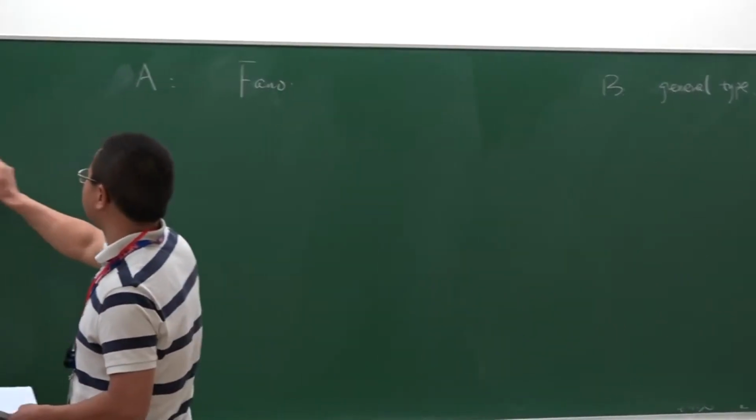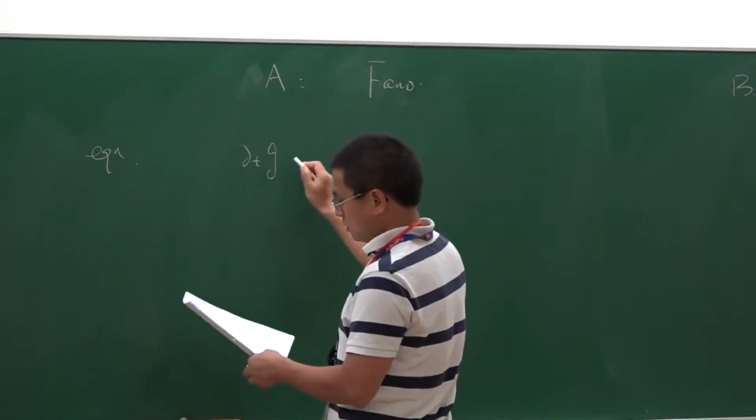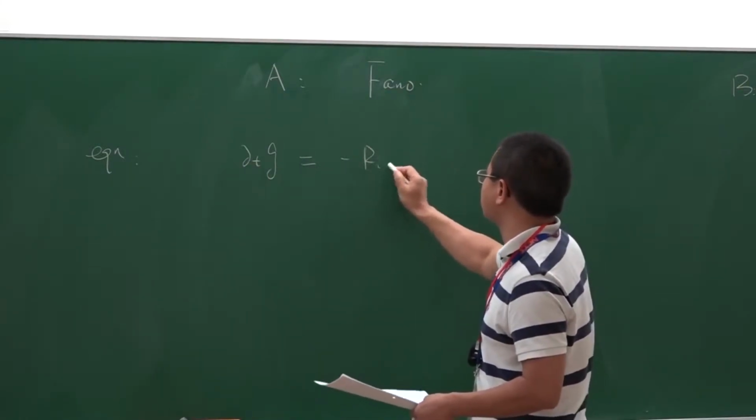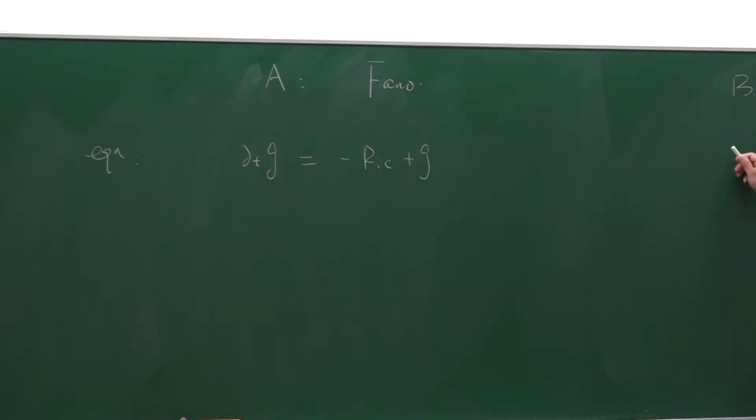So we have the equation: the derivative of g is negative Ricci plus g, and the derivative of g is negative Ricci minus g.